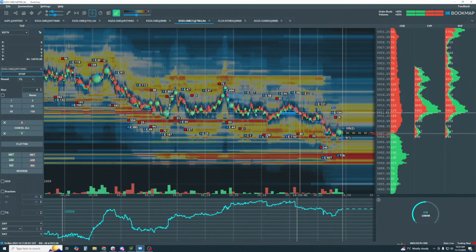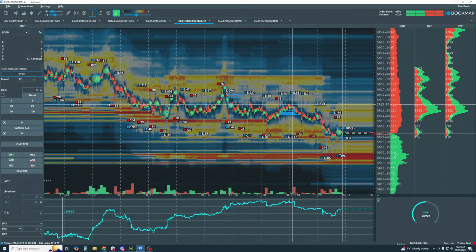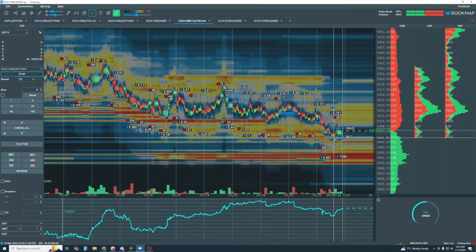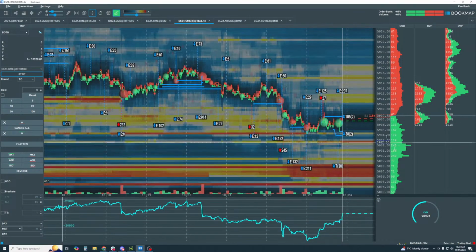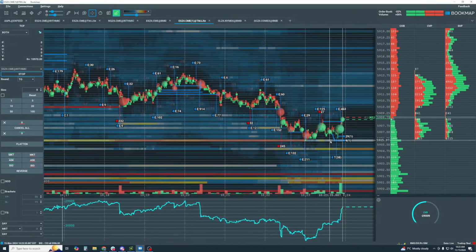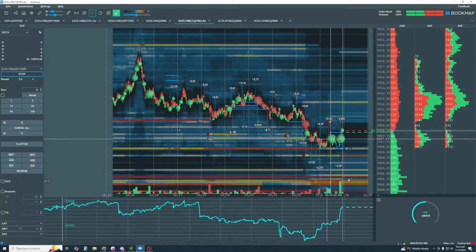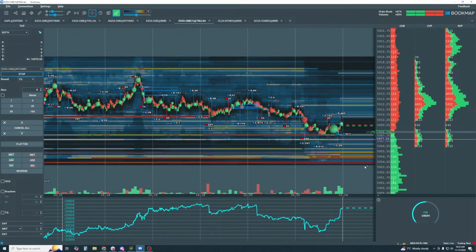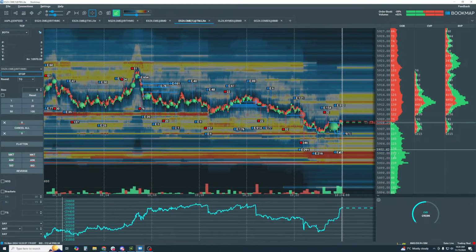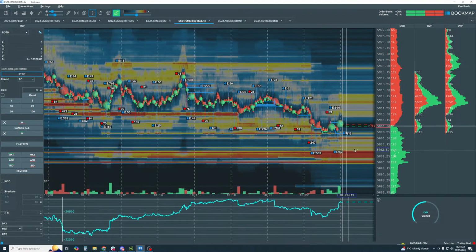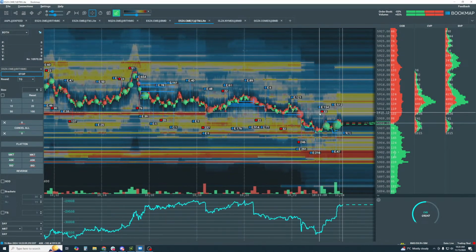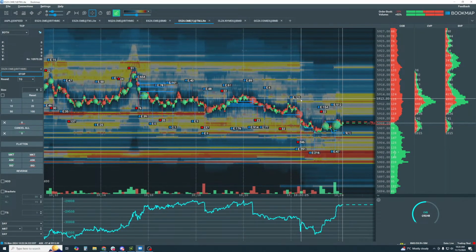This might be the shoulder basing here, and this might turn into the head here. Maybe this is as far as it goes. Maybe it trades only into this high liquidity here at 06 and does not make it down into the 5,900 figure, in this high liquidity here. We don't know, but that's what we're looking for.